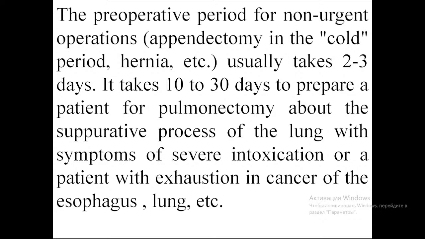Now let's repeat: the preoperative period for non-urgent operation, appendectomy in the cold period, and hernia usually takes 2-3 days. It takes 10 to 30 days to prepare patients for pulmonectomy for a suppurative process of the lung with symptoms of severe intoxication, and for patients with cancer of the esophagus and lung.